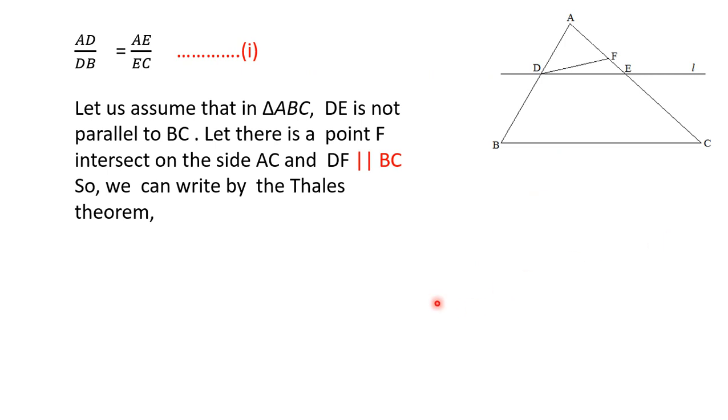So let us assume that in triangle ABC, DE is not parallel to BC and there is a point F on the side AC such that DF is parallel to BC.